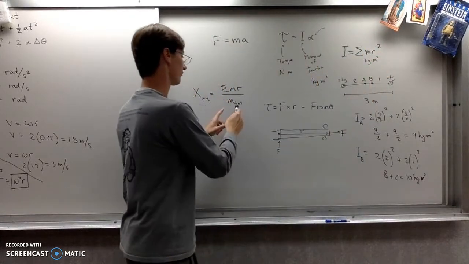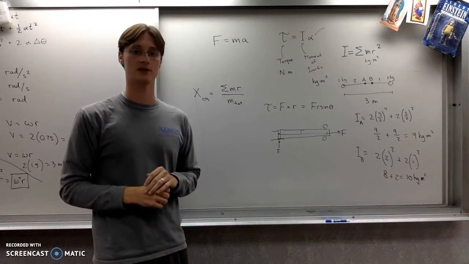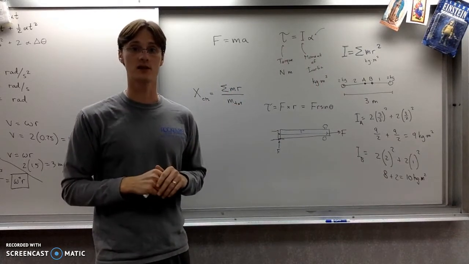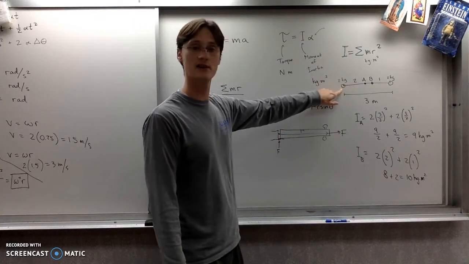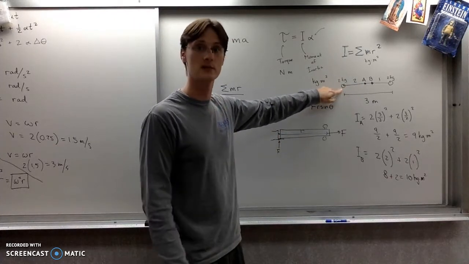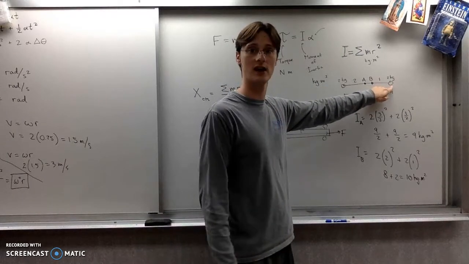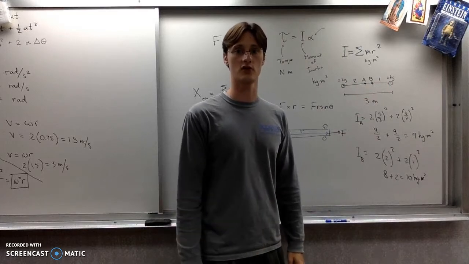Okay, but for this one, the R isn't the distance from the center of mass, it's the distance from the origin, whatever you say the origin is. So if I say, for this object right here, the origin is the left end, it's fine, okay? If I say the origin is the right end, that's also fine. If I say the origin is the middle, I'm making a poor choice.